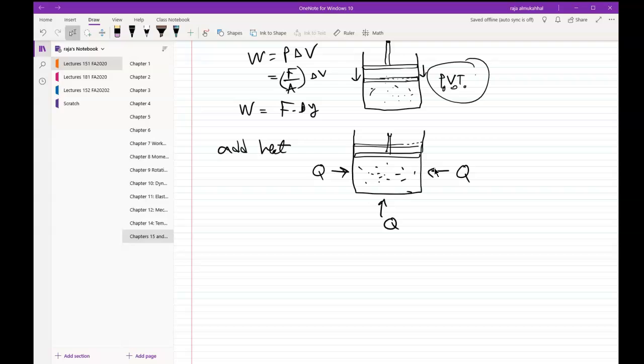So what the heat did to the system is that it has done work to it. Make sense? Because remember, any change of volume involves work. So work corresponds to change in volume. Keep that in mind.